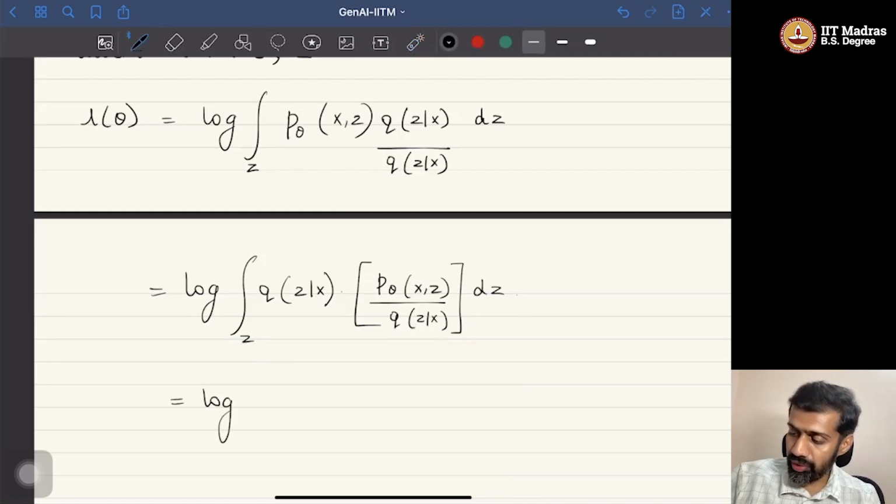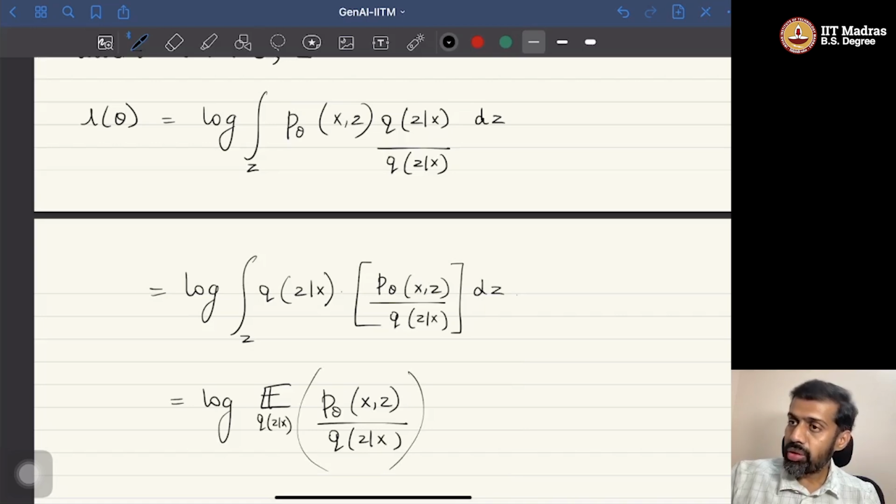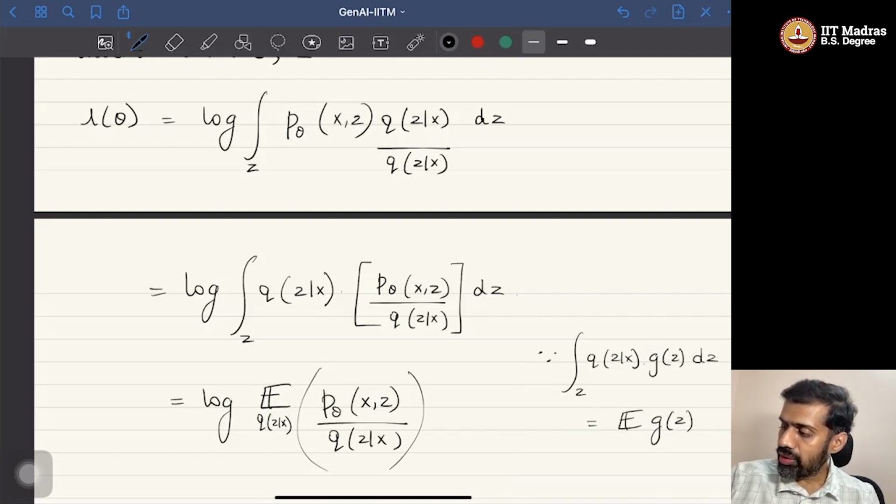So this is log of the expectation of the quantity p theta x and z divided by q z given x, where we are taking the expectation with respect to the distribution q of z given x. Why is this? Because the integral of q of z given x times some function, let's say g of z, dz, is the expectation of g of z with respect to q of z given x. This is the definition of expectation.